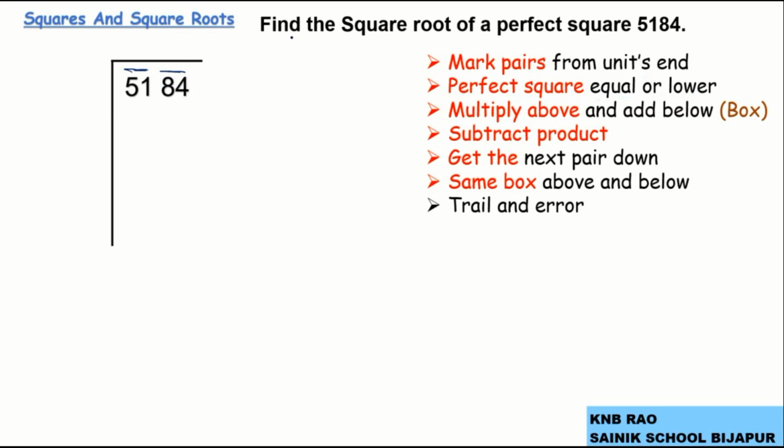You know we have from 16 till 81, which is closest. It is not 16 or 25, it is not 36, it looks like 49, but 64 is above, so we choose 49. So 49 is the square of 7, so we will write that 7. 7 sevens are 49.